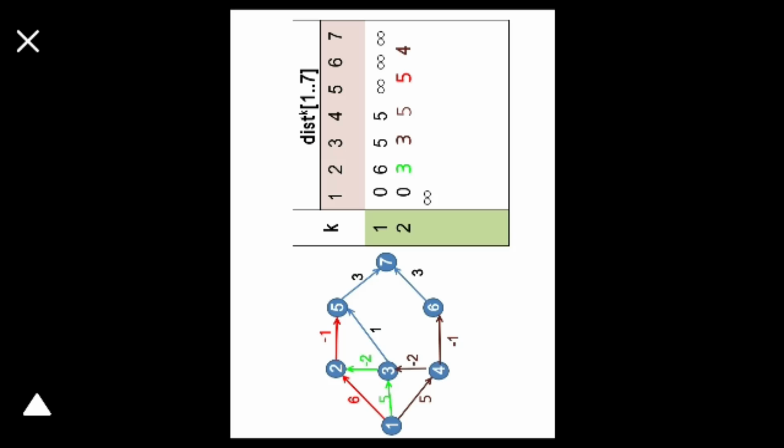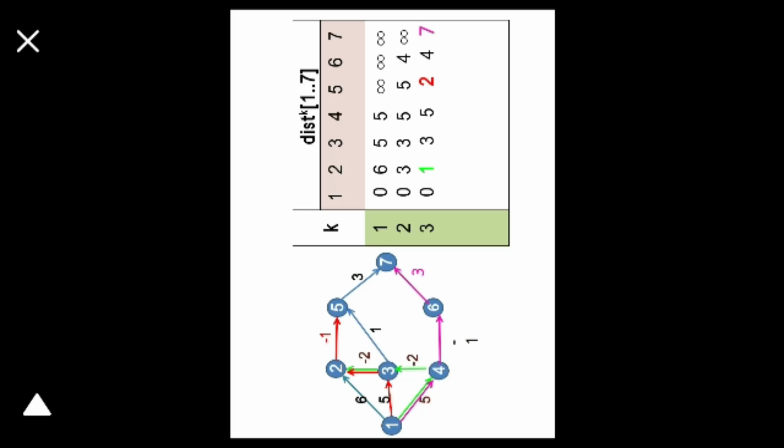In the same way if I continue, next we got the row for source to all other vertices, that is from source 1 to vertex 1, 2, 3, 4, 5, 6, 7 with 3 edges. Here row 3 indicates 3 edges, and columns 1 to 7 indicate the destination starting from source 1.